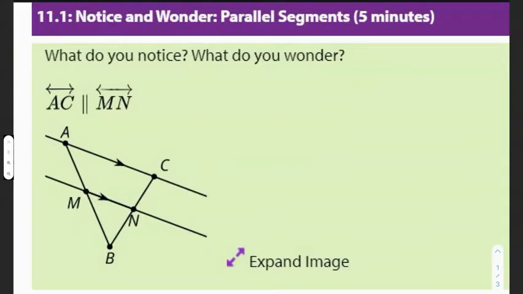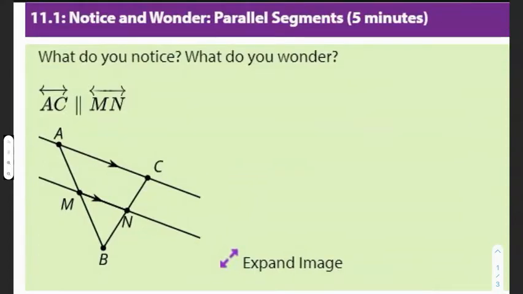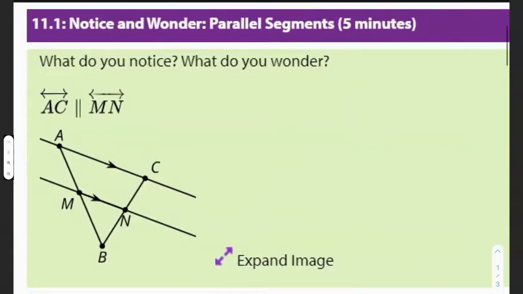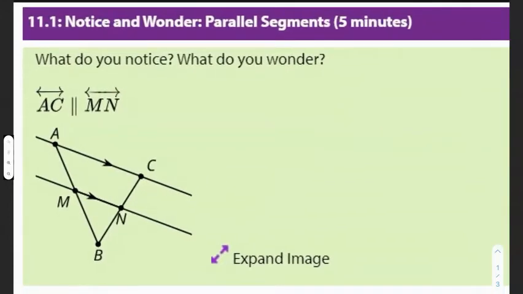All right, so hopefully you paused the video and you looked around. Yes, you have the two parallel lines that was given, but how many triangles do you see? So I notice we've got two triangles. We have triangle ABC and triangle MBN.